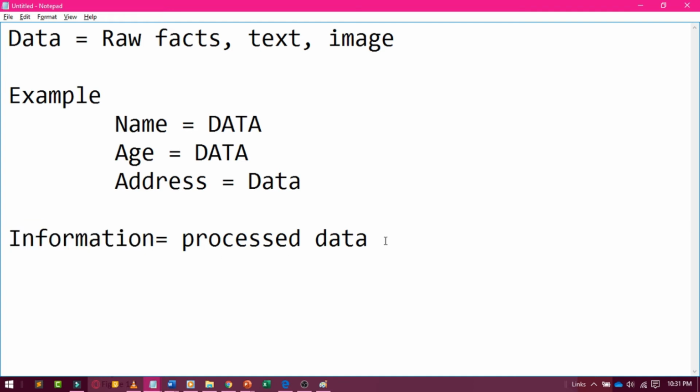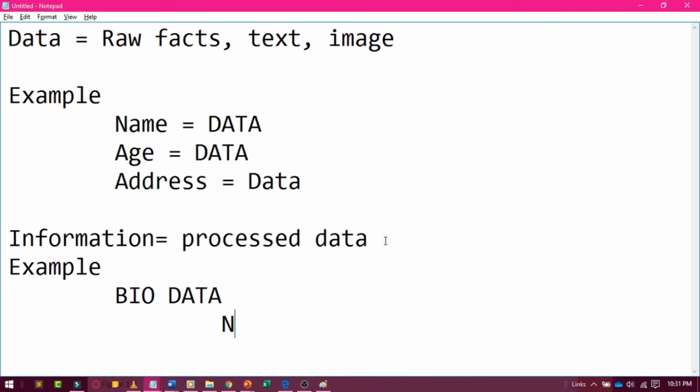For example of an information, it's biodata. Biodata is considered, of course, an information because nandun lahat yung mga data ng isang tao. What does biodata include?